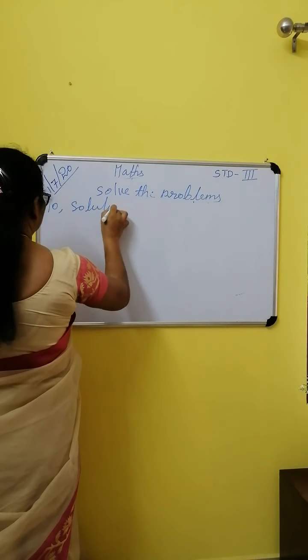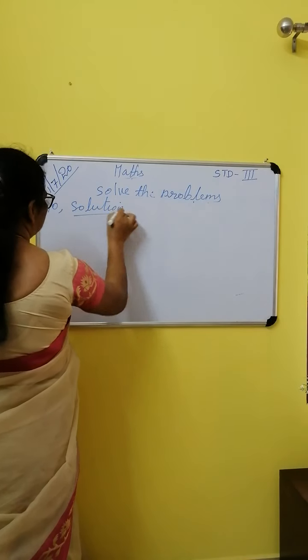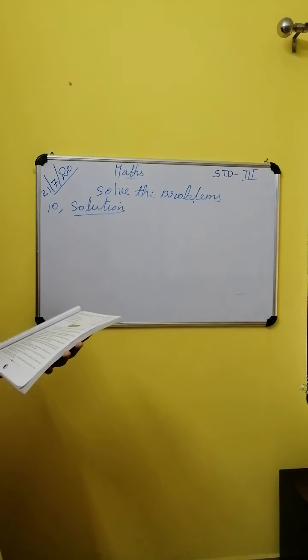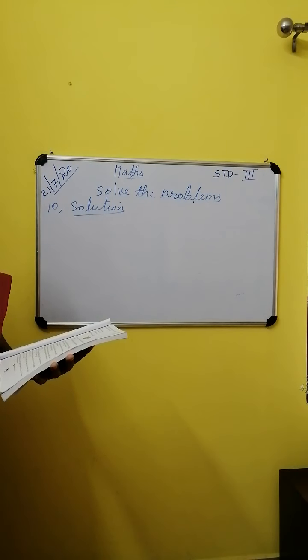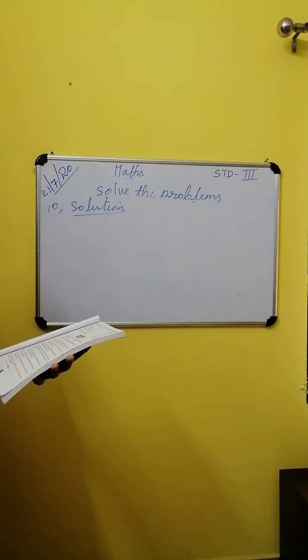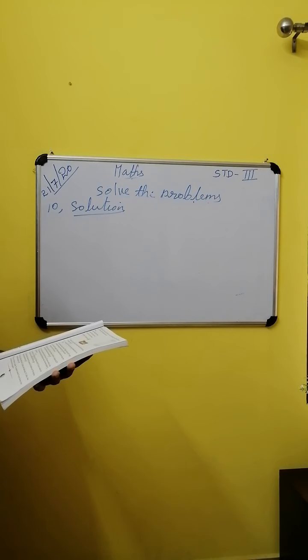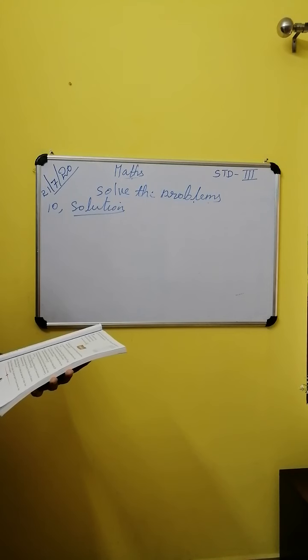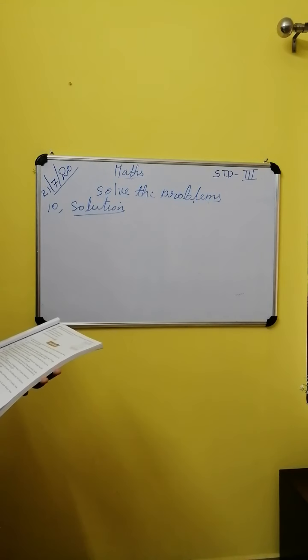Solution. That also copy the question from the textbook. Okay. There are 169 flowers in a garden. The gardener planted 76 more flowers. How many flowers are now in the garden? There are 169 flowers in the garden.